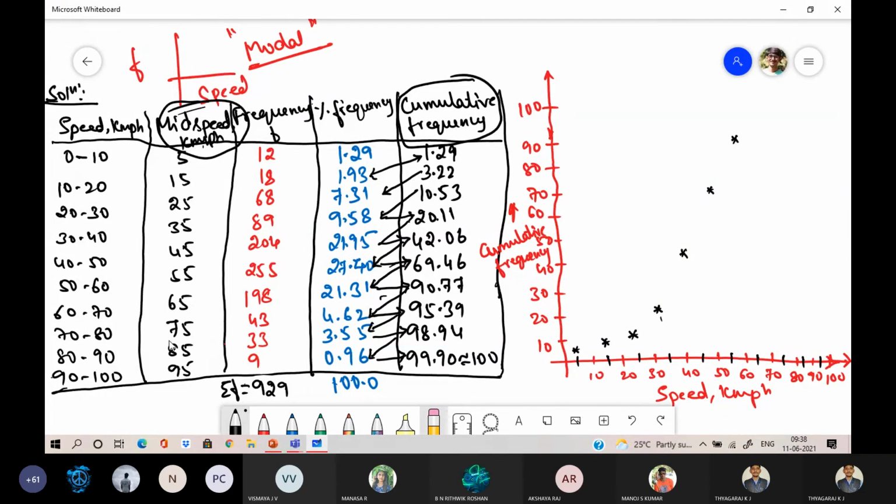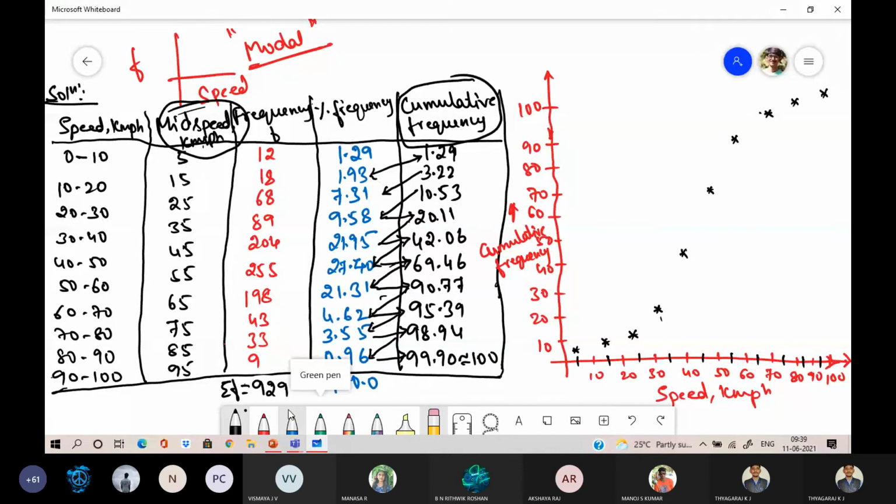Then for 75, it is 95. Then for 85, it is 98. Then for 100, it is 100.